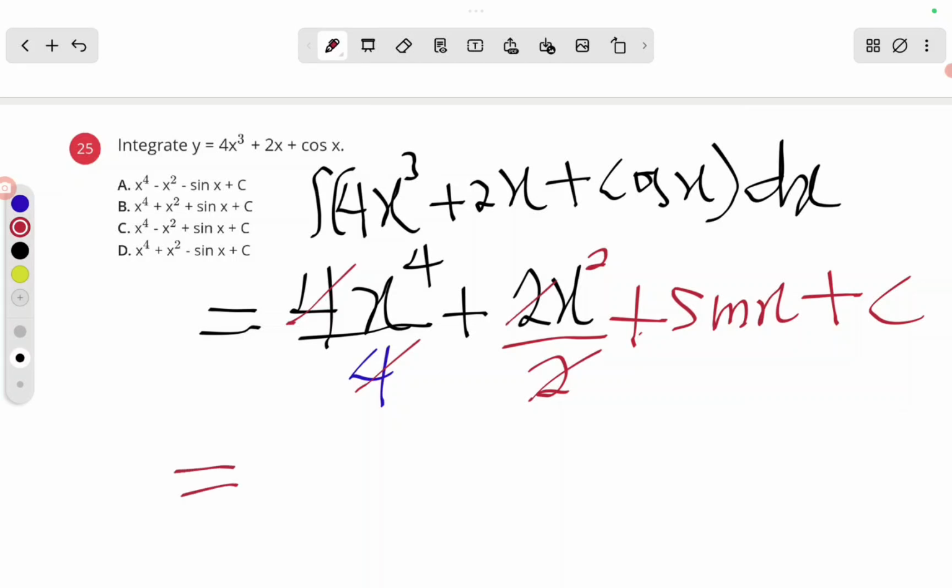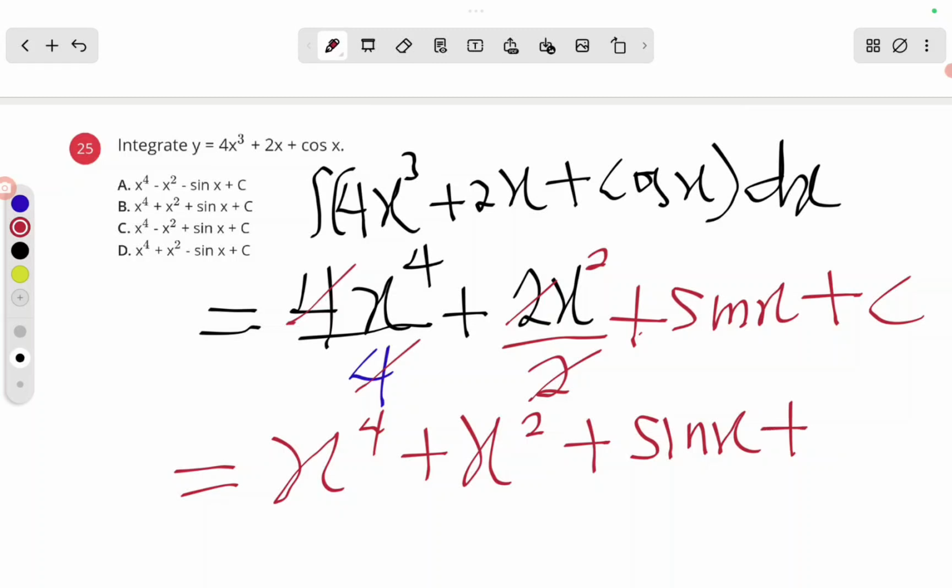So we are left with x to the power of 4 plus x to the power of 2 plus sine x plus c. This is our final answer, which is the same as option B.